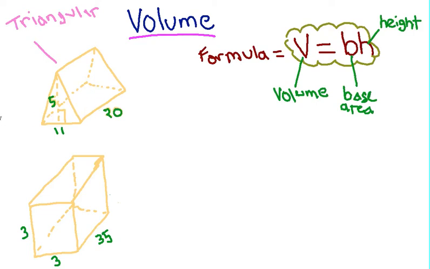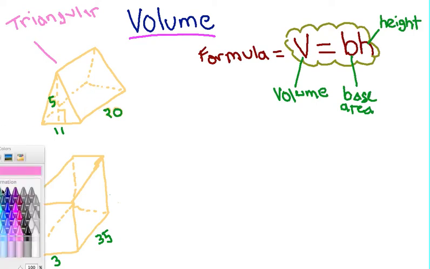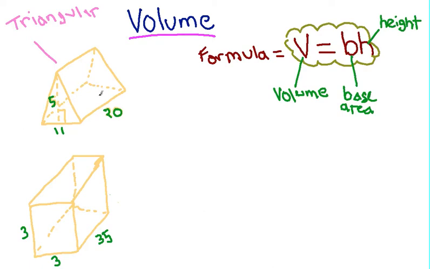The formula for this prism is V is equal to BH. So we want to find V is equal to the base area times the height. And you find the base area by finding the area of the base. In this case, it's a triangle.